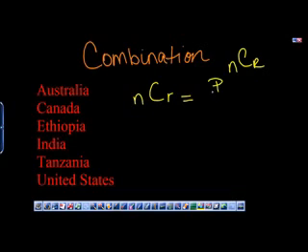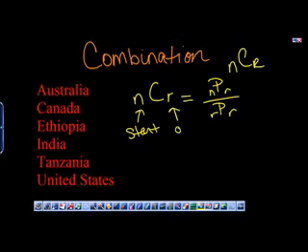Remember, our notation for permutation was the same. So here's where we are starting. Here are the options. Because order doesn't matter, we're going to find out the number of permutations first, and then we're going to figure out how many permutations were possible since we don't need all the different permutations.